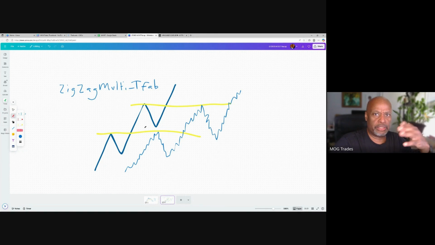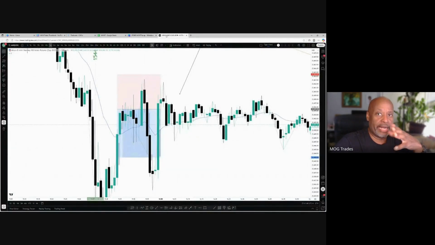So I miscalculated. And if you do that, your interpretation of the trade and what it's doing can be off. So sometimes I try not to use this.